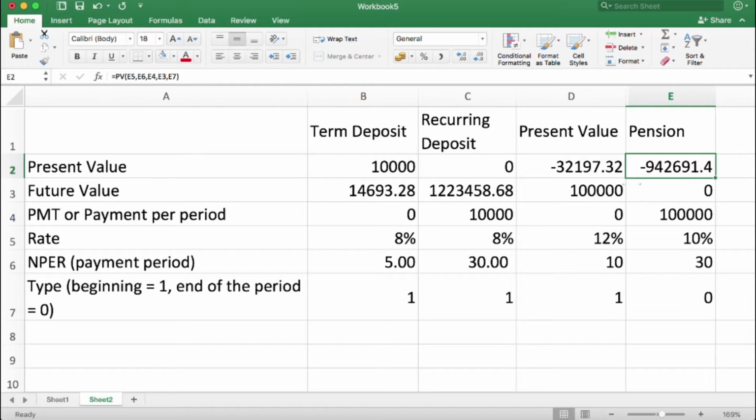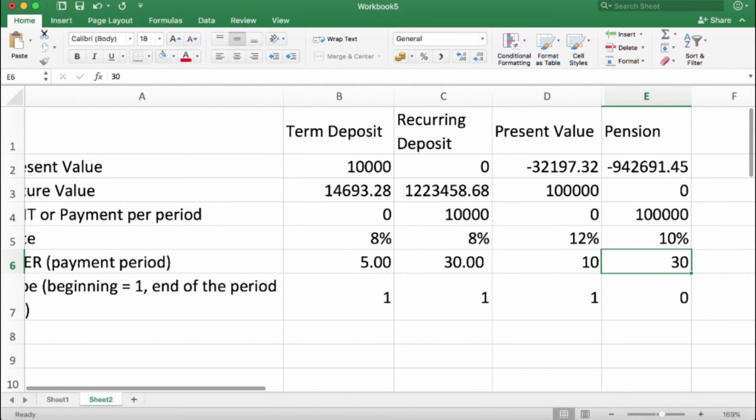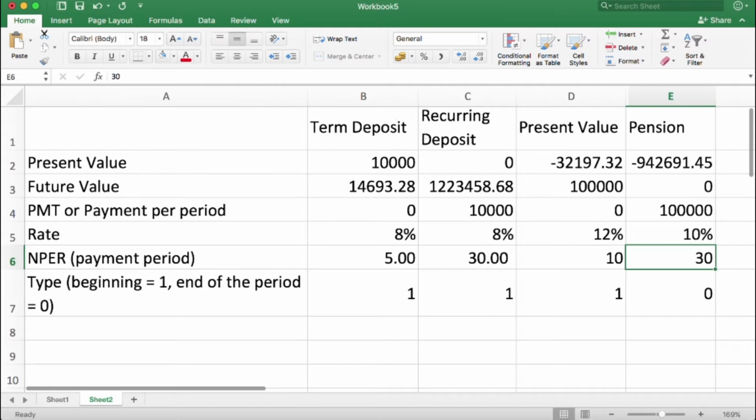So its value is 942,691.45. Even though we receive 100,000 every year for the next 30 years, its present value is 942,691.45 if the interest rate is 10%.